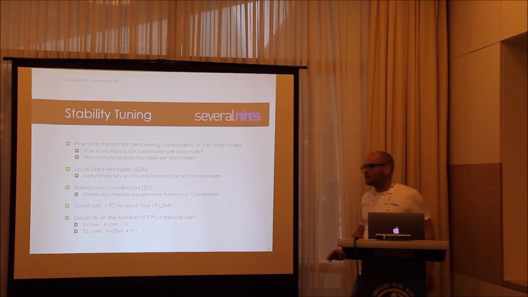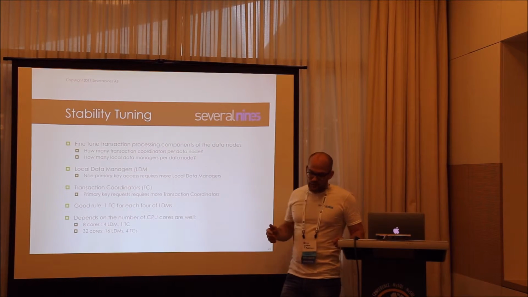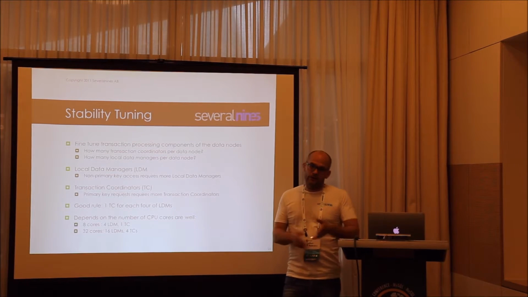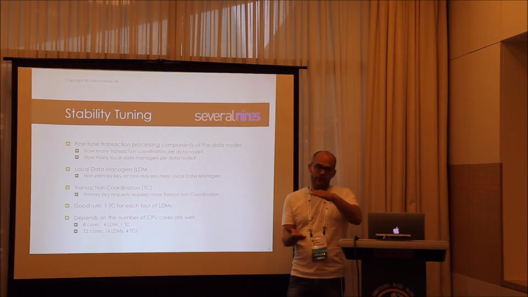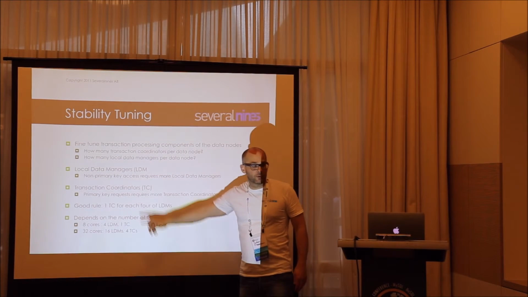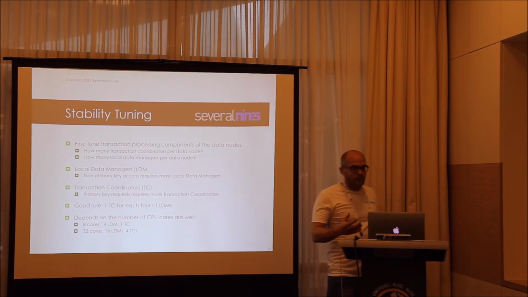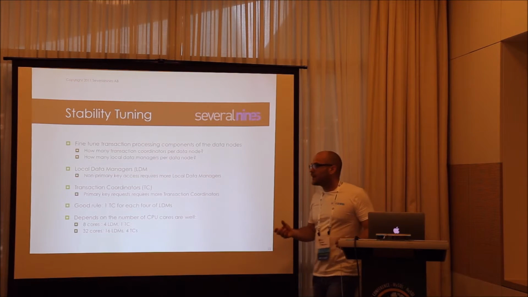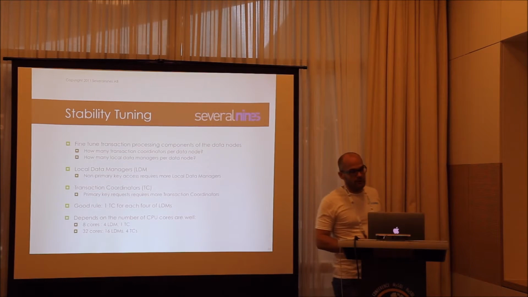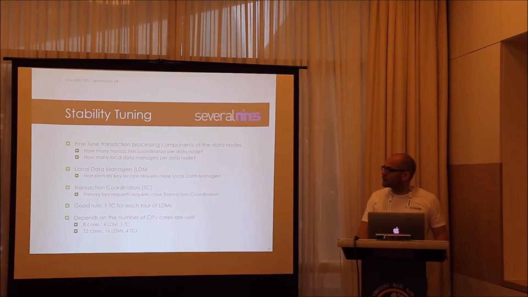Typically, if you have applications that are using range scans or large updates on ranges, then you need more of these local data managers. If you have more of a primary key based setup, then you can choose to have more transaction coordinators.